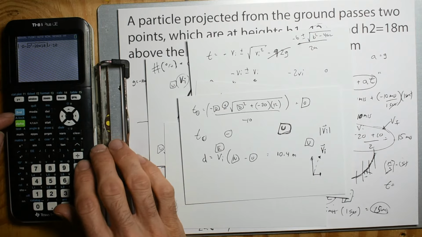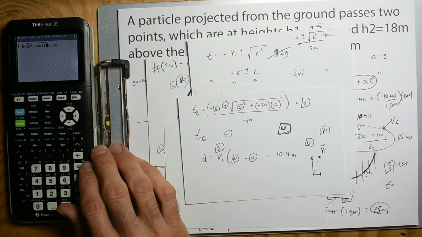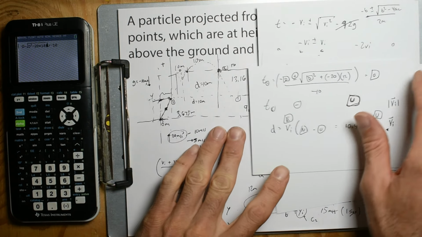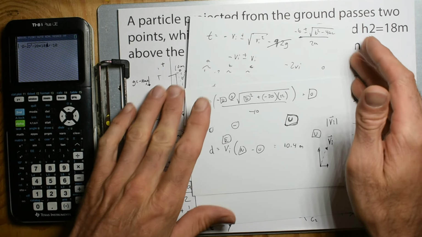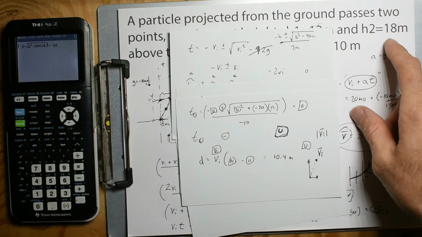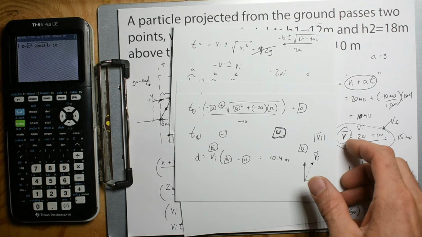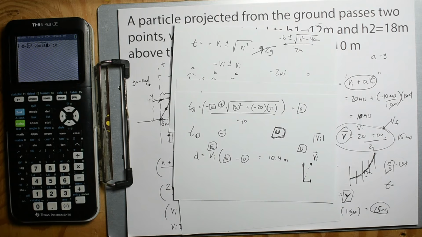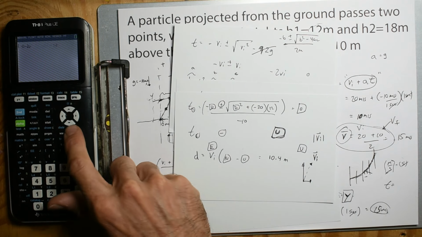Okay, so that gives me a non-real answer. So yeah, I can't get to 18 meters with that initial velocity.